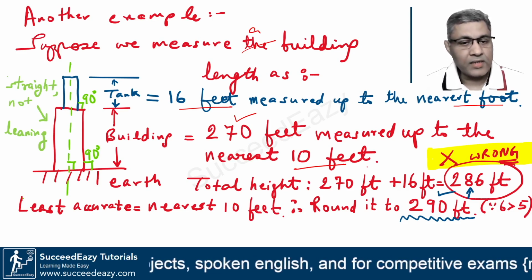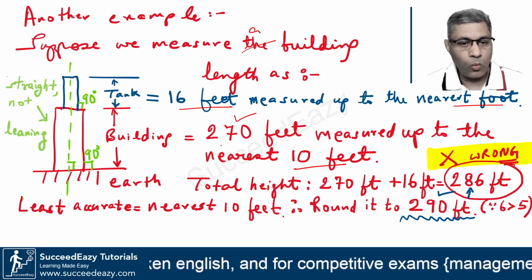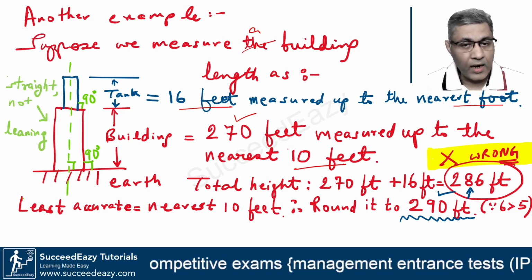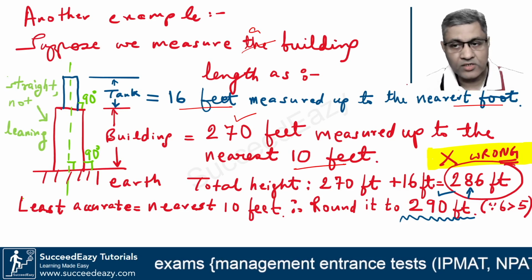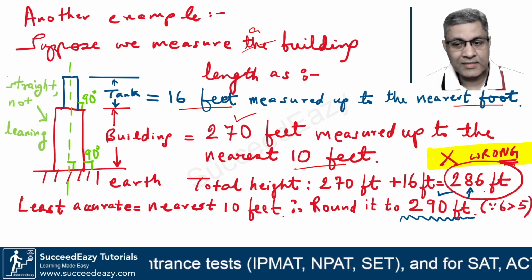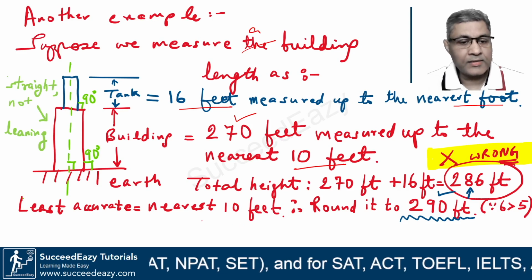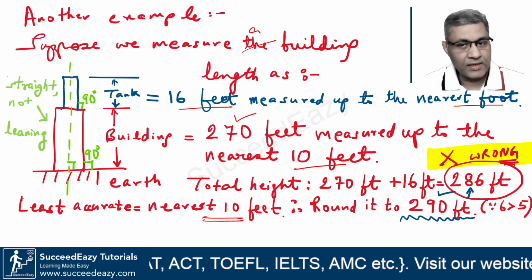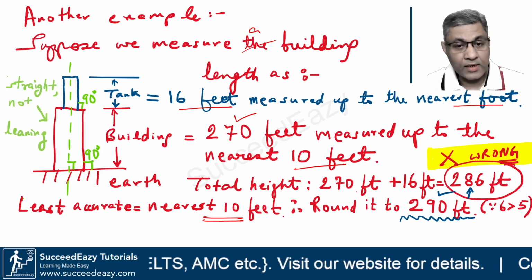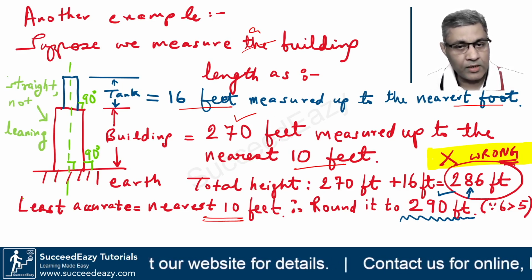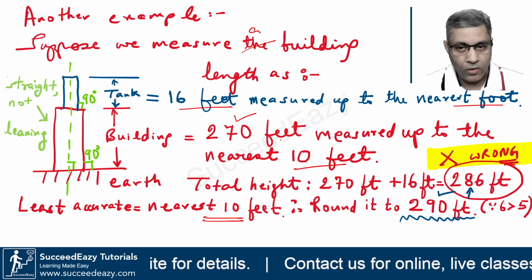Why? Because again, the same logic: one data is correct up to the nearest 10 feet, and there is only one more data which is correct up to the nearest foot. Now, when I say 286 feet, the least accurate is the nearest 10 feet, isn't it? That is the least accurate. So we need to consider the data that has the least accuracy among all the data that you add or subtract.